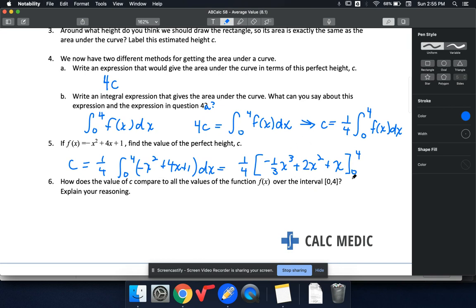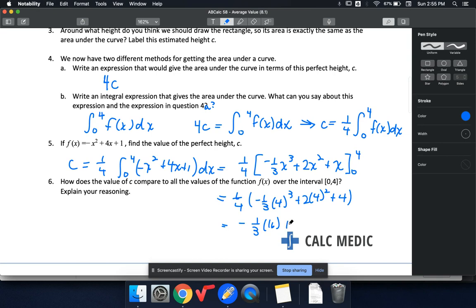The 0 I can ignore because when I plug it in, everything will be 0. So I'm going to get 1/4 times negative 1/3 of 4 cubed plus 2 times 4 squared plus 4. And I didn't expand it yet because those 4s are going to cancel. So I'll get negative 1/3 of 16 because one of the 4s is going to cancel.